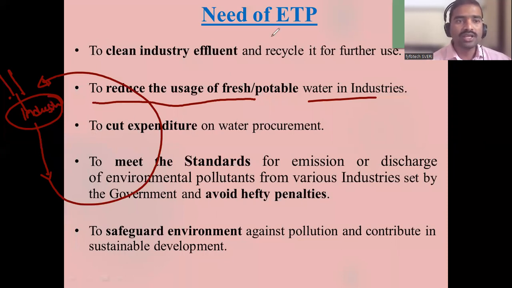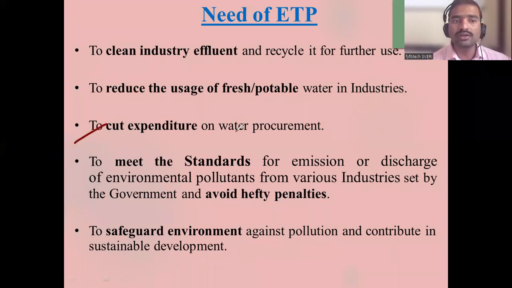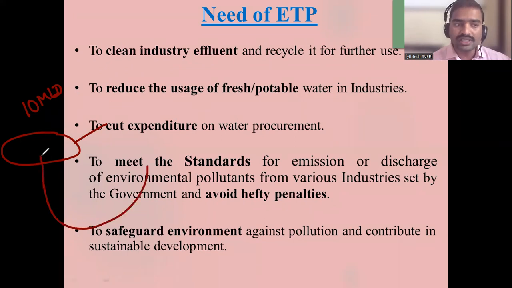Then the next one is to cut the expenditure on water procurement. Initially, if you want 10 MLD of water, 10 MLD meaning 10 million liters per day, when you use the recycled water, this 10 MLD will reduce to maybe 8 MLD.